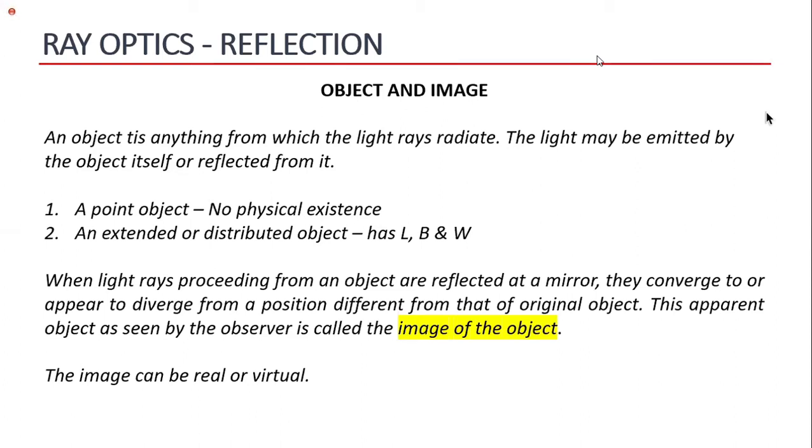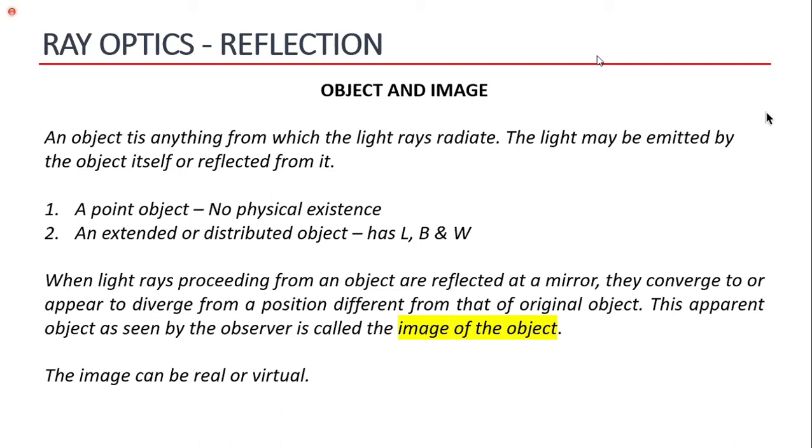Yes, sir. So an object is something from which your light rays are coming, right? And when light rays fall on a concave or convex mirror, they either converge or diverge depending on the kind of mirror.